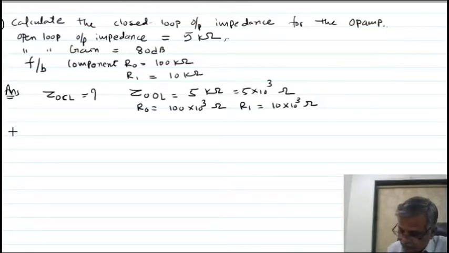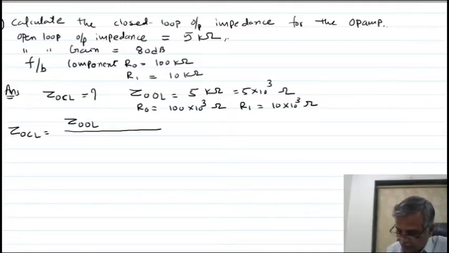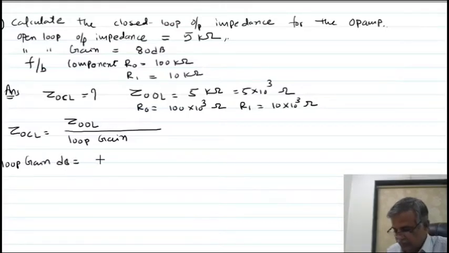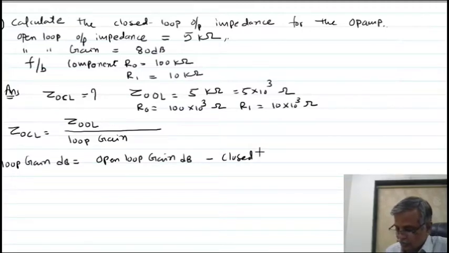Now, what the equation ZOCL is: ZOOL upon loop gain. Let us calculate first loop gain. Loop gain in dB is equal to open loop gain in dB minus closed loop gain in dB.